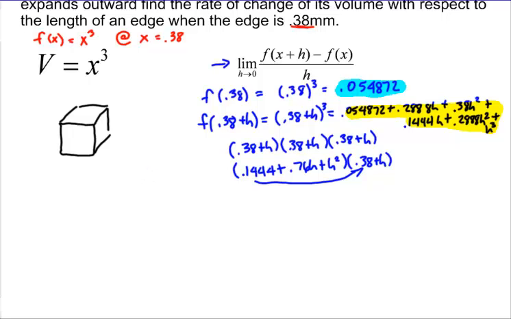Here we go. Hopefully I've left myself enough room. 0.054872 plus 0.288h plus 0.38h squared plus 0.144h.